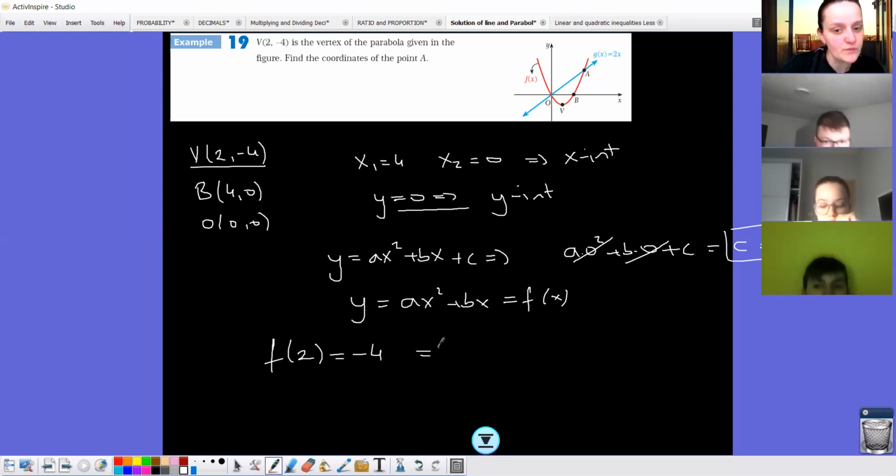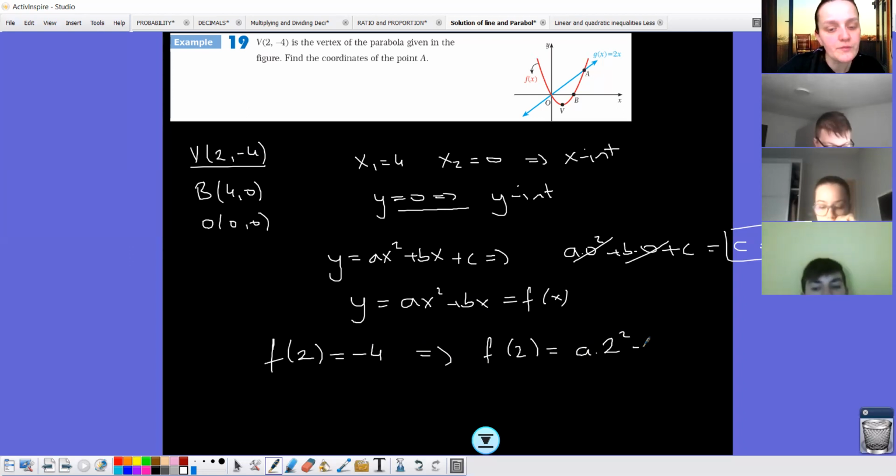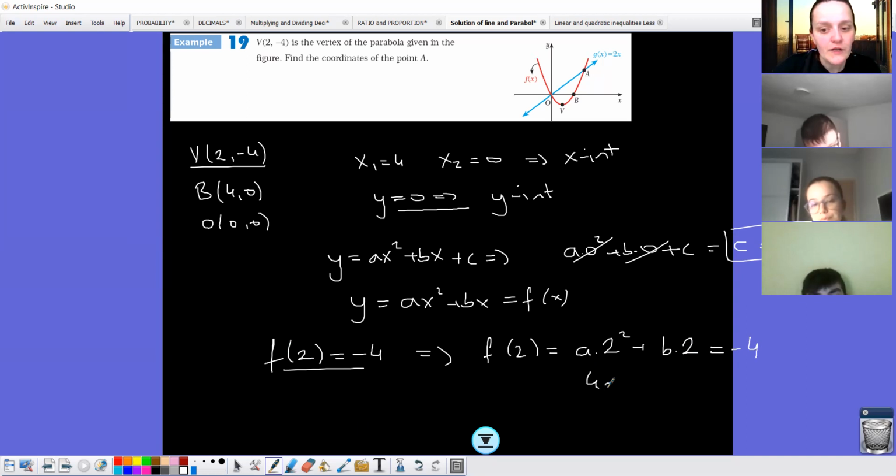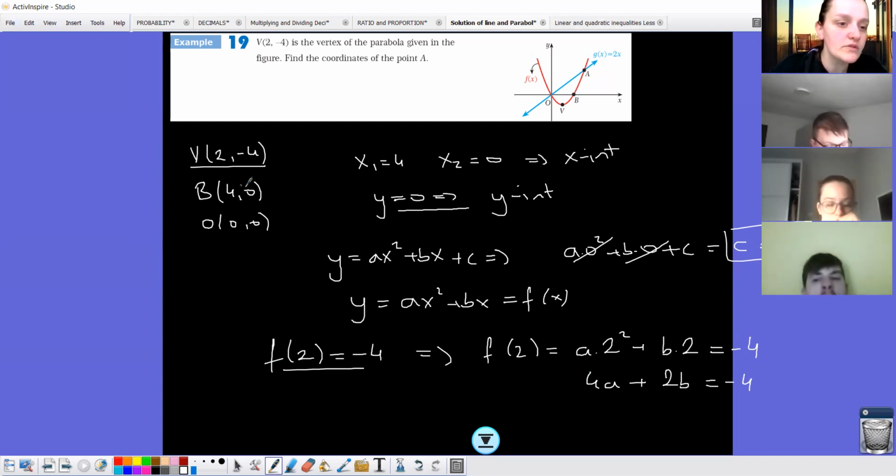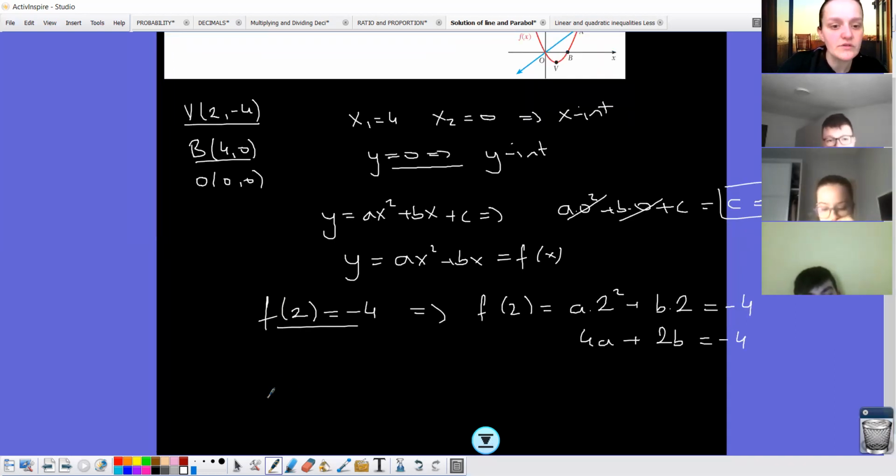What does this mean? f of 2 is a times 2 squared plus b times 2, and this is equal to minus 4. So 4a plus 2b is equal to minus 4. This is one equation that I am finding from this point. I have one more point on the parabola, B, and we found the coordinates of B. So f of 4 is equal to 0.